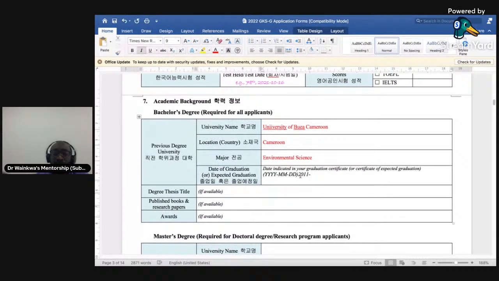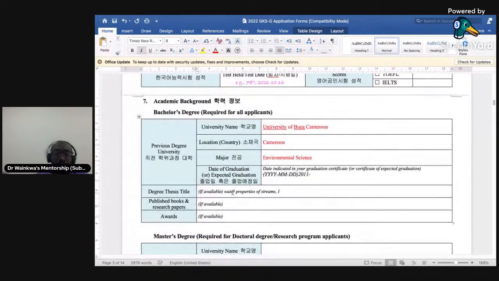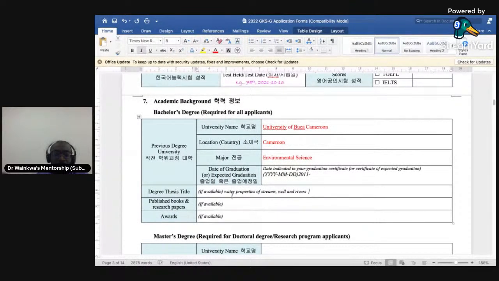I can't remember the exact month when I graduated, I need to check that. But for my degree thesis, I evaluated the water properties of streams and rivers. Well, I started research quite early, and how I wish I could have published that work back then.